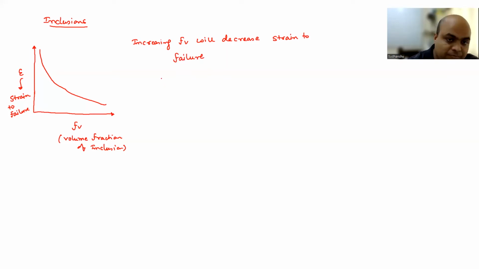In this case, suppose I take two cases where FVB is greater than FVA, where A and B are two different specimens having different volume fraction of inclusions. This plot is valid when we have constant size of inclusions.